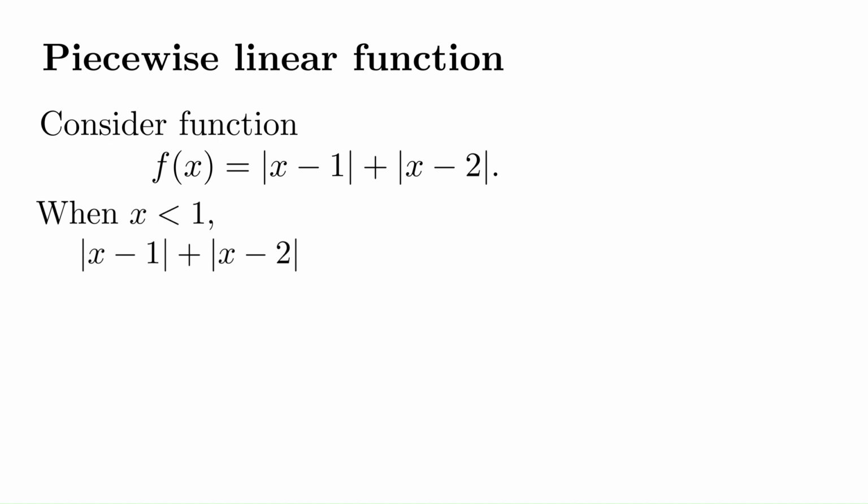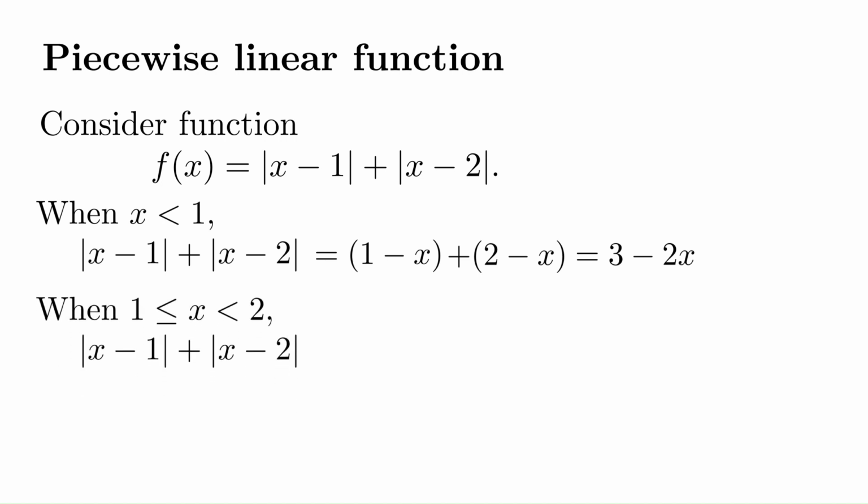These two turning points separate the function into three pieces. First, when x is less than 1, x minus 1 and x minus 2 are both negative, so their absolute values are 1 minus x and 2 minus x, which sum up to 3 minus 2x. When x is between 1 and 2, as we already saw, it is the constant 1.